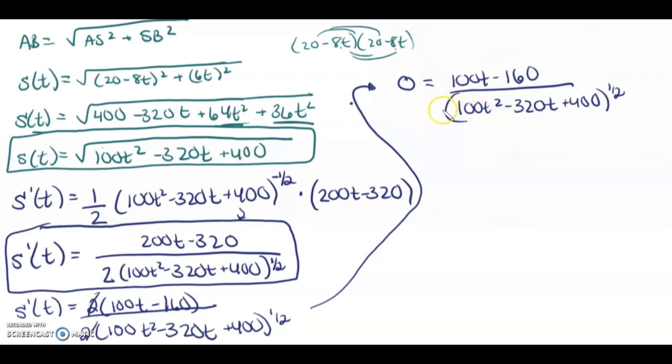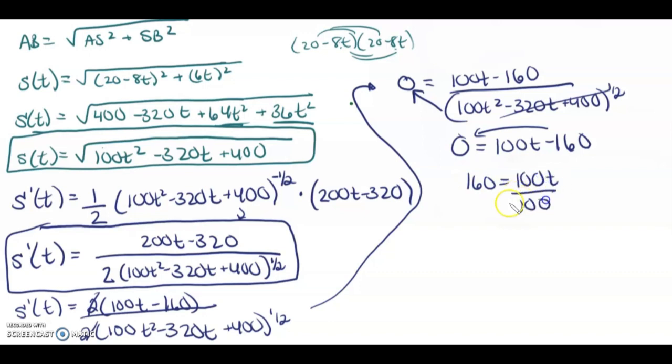When we cross multiply, the denominator goes away. We're simply solving for when the numerator equals 0. So we bring over the negative 160, and we get 160 equals 100t. Then we divide both sides by 100, and we get t equals 1.6.